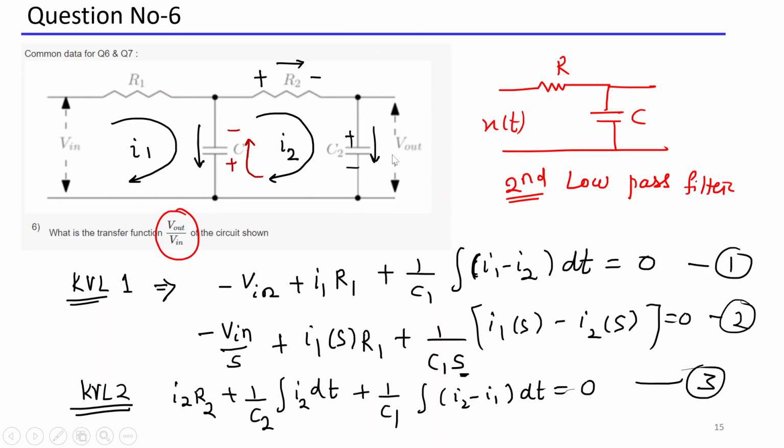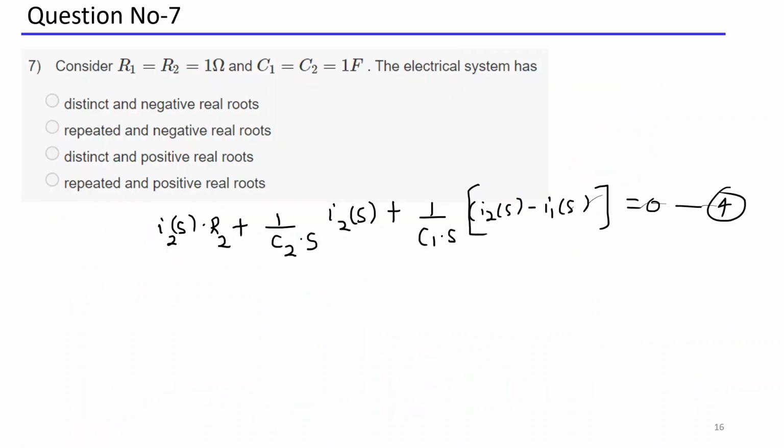Now here another equation I can write, the output voltage equation. Vout is nothing but the voltage across the capacitor, which is 1 by C into i dt. So write down another equation: Vout is 1 by C2 into I2 dt. This is equation 5.